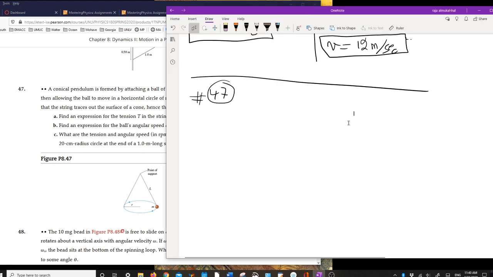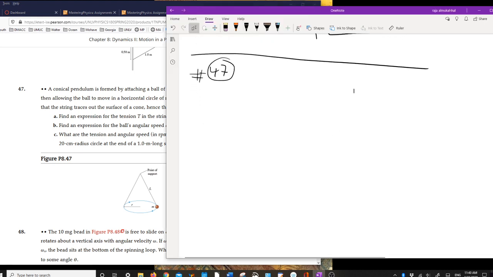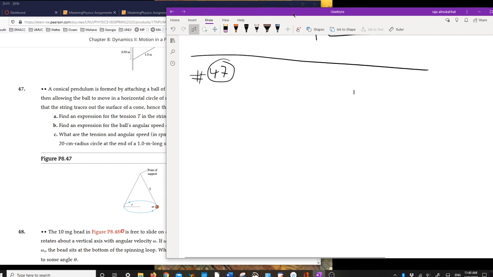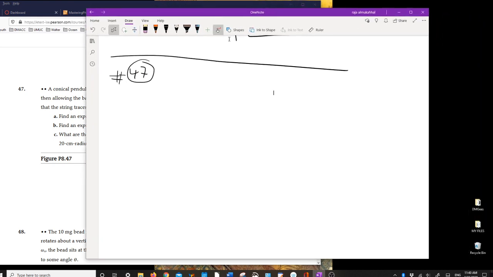So let me make a drawing of this thing. So it looks something like that. So here is the conical pendulum. It looks like this. I'm trying my best to make it nice and circular.